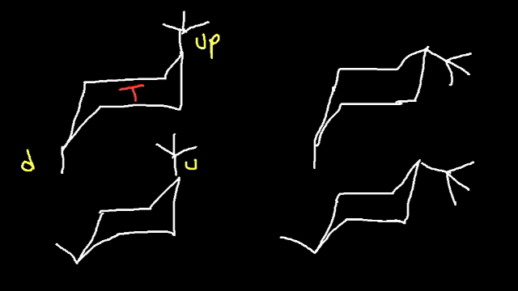So for this one, this is up, and this is up as well. So that's going to be the cis isomer. This is down, that's facing down. So if they're going in the same direction, it's going to be cis. And for the last one, this is going down, but this is going up. So this is the trans isomer.